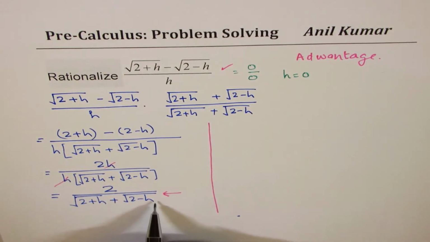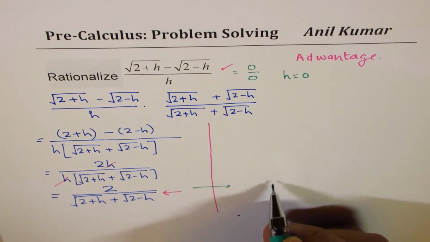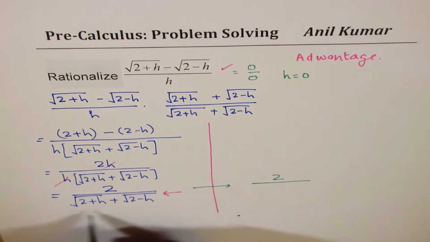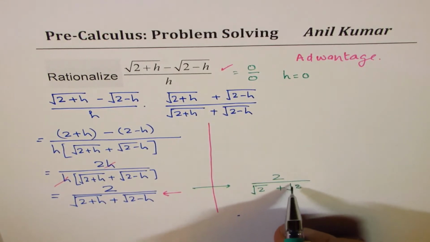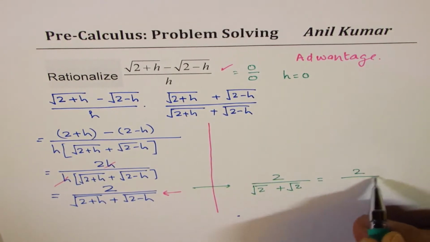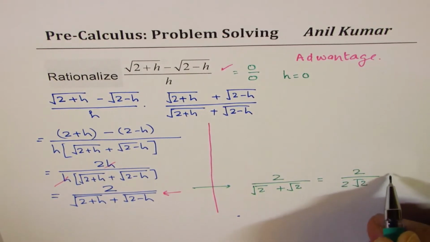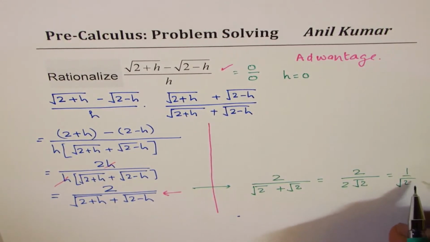Now if I do the same thing here, what do I get? I get 2 over square root of 2 plus square root of 2, which is 2 over 2 times square root of 2, which is 1 over square root of 2.